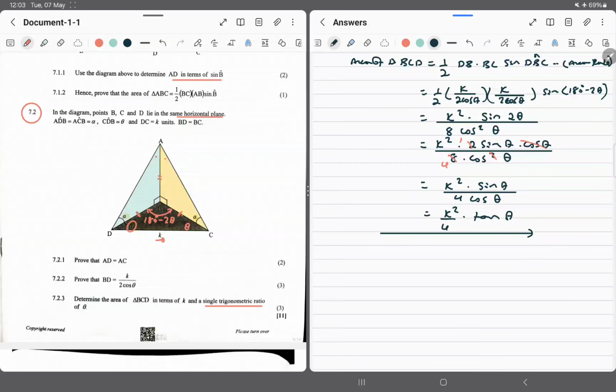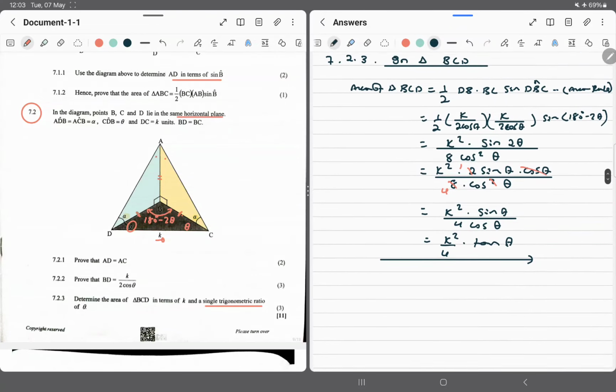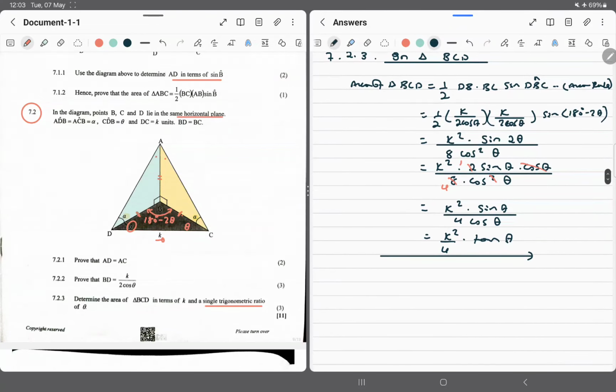Alright, so that was easy, guys. Easy stuff again. Area rule, very important. We can use it there and say the substitutions essentially. But then when we had to expand that double angle identity, it was important because the reduction we've done above, so we can't mark it.